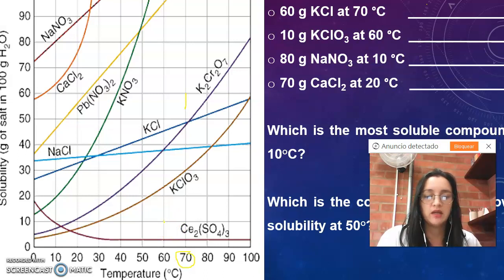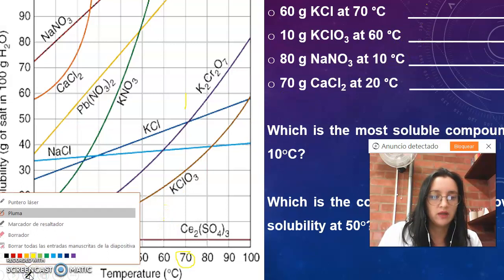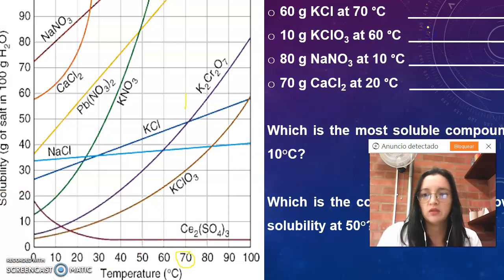At 60 degrees, I am adding 10 grams, which is not enough to get a saturated solution. If I want to get a saturated solution at 60 degrees, I will need to add around 22, 23 grams of potassium chlorate. So if I am adding only 10, that's going to be an unsaturated solution. So this one is unsaturated.